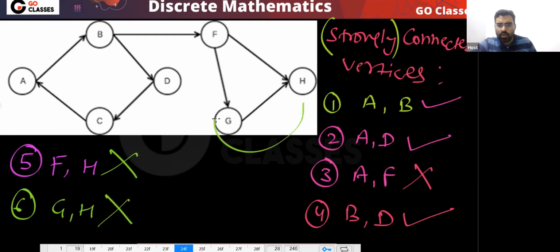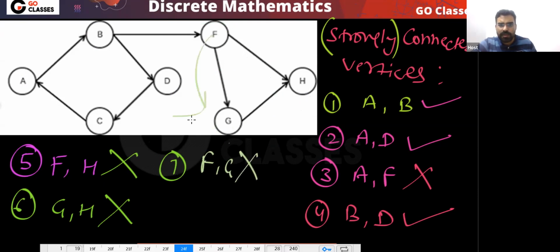No, because there is a path from G to H, but there is no path from H to G. What about F, G? Again no, there is a path from F to G, but no path from G to F. So these are also not strongly connected.